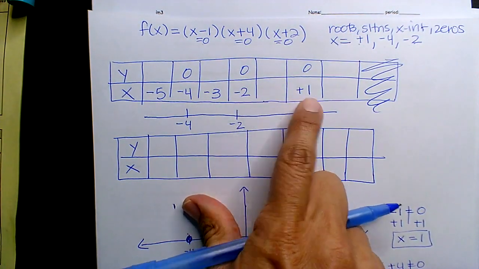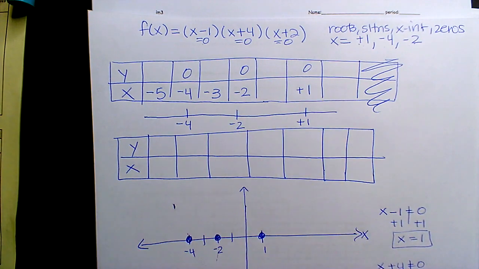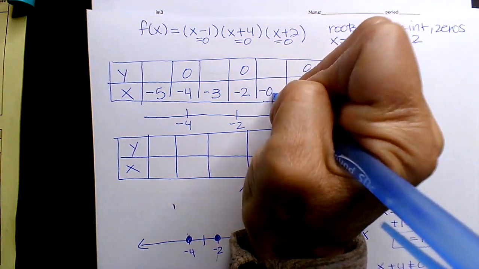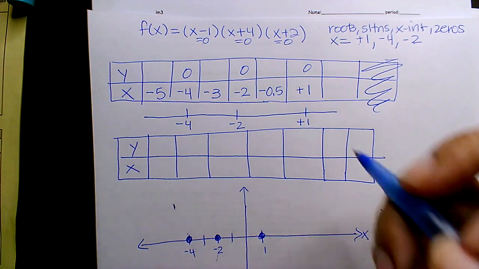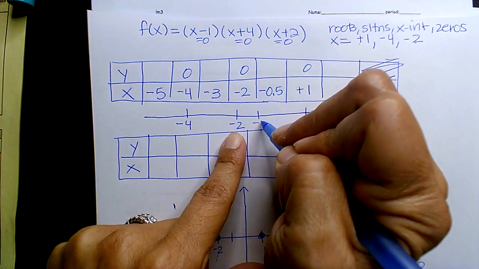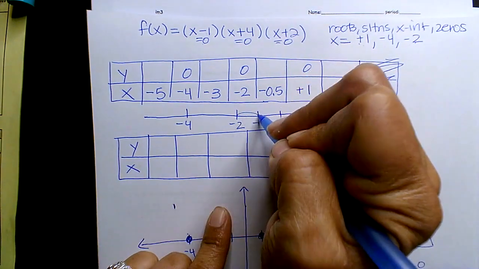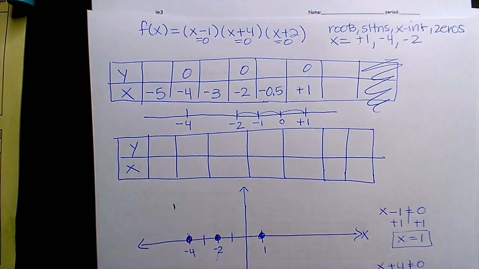What about -2 to +1? Halfway point. -0.5. Negative or positive? Negative. Yeah? Because remember, from -2, I would get -1, 0, so that's 1, 2, 3 units between them.